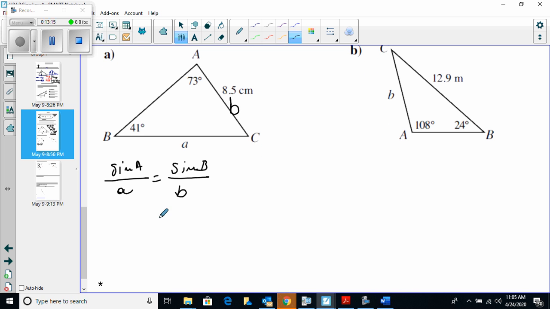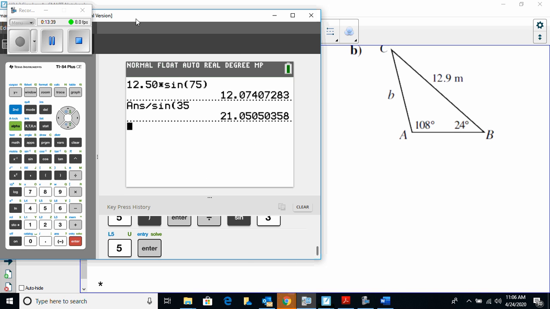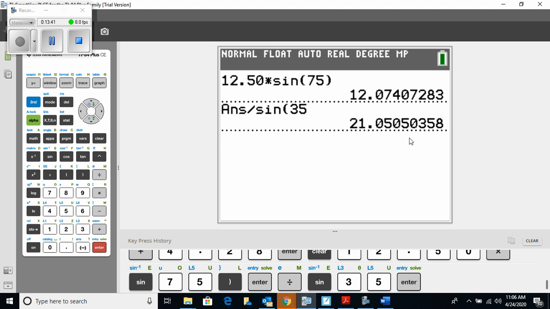So this is the same as saying sine of 73 degrees over A, which is unknown, is equal to sine 41 degrees over 8.5.